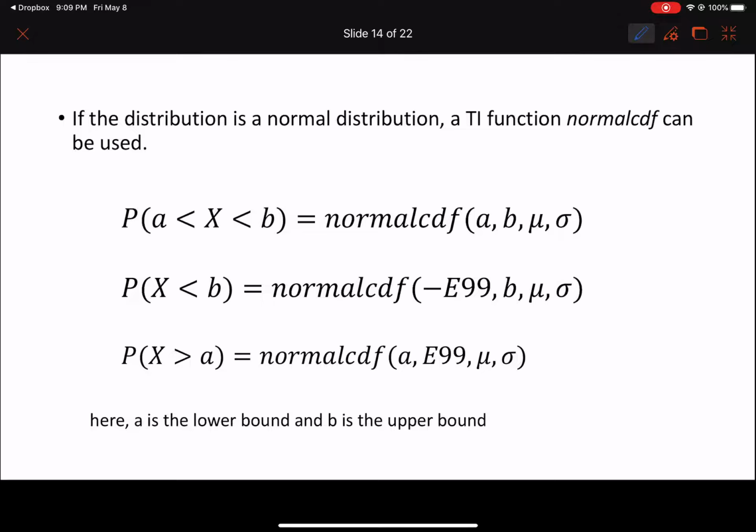Make sure that you remember the negative E99. If you can't remember negative E99, you can put in something like negative 1,000 or negative 9999 and you're going to get the same answer because everything's going to be represented. But this is your best option for infinity or negative infinity.